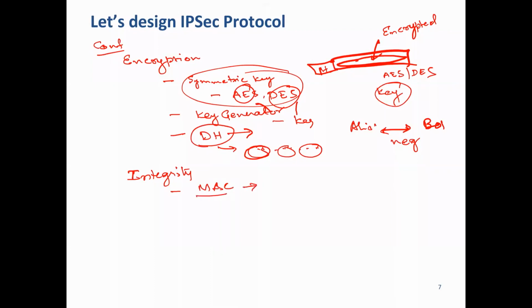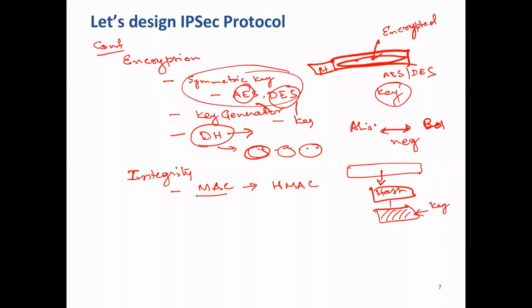Now we also want efficiency, so we are going to use HMAC. You know HMAC: you take the message, then hash it, and whatever hash you get is a fixed size, then you encrypt it using a key.